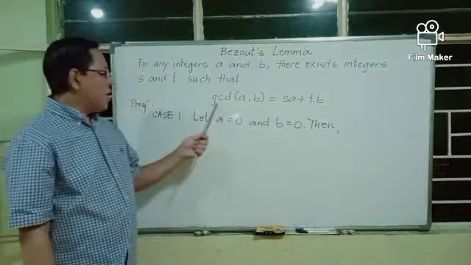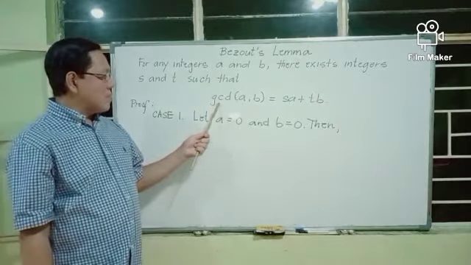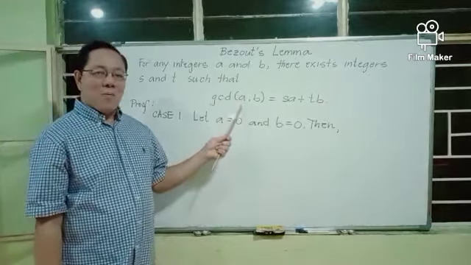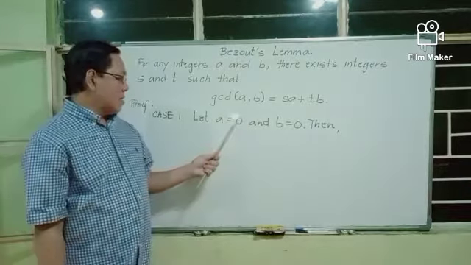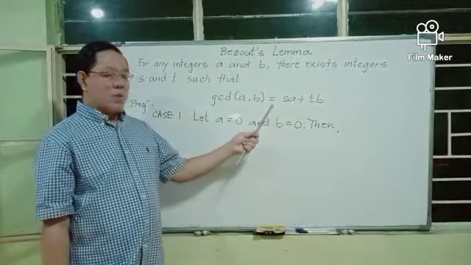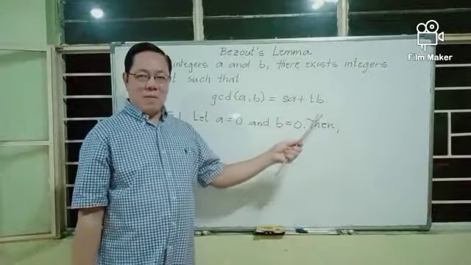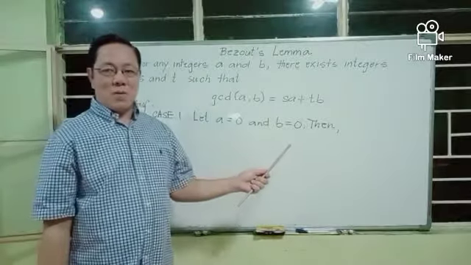Then we will now show that the greatest common divisor of a and b, where a and b are both equal to 0, is equal to the linear combination of a and b, which are both equal to 0.